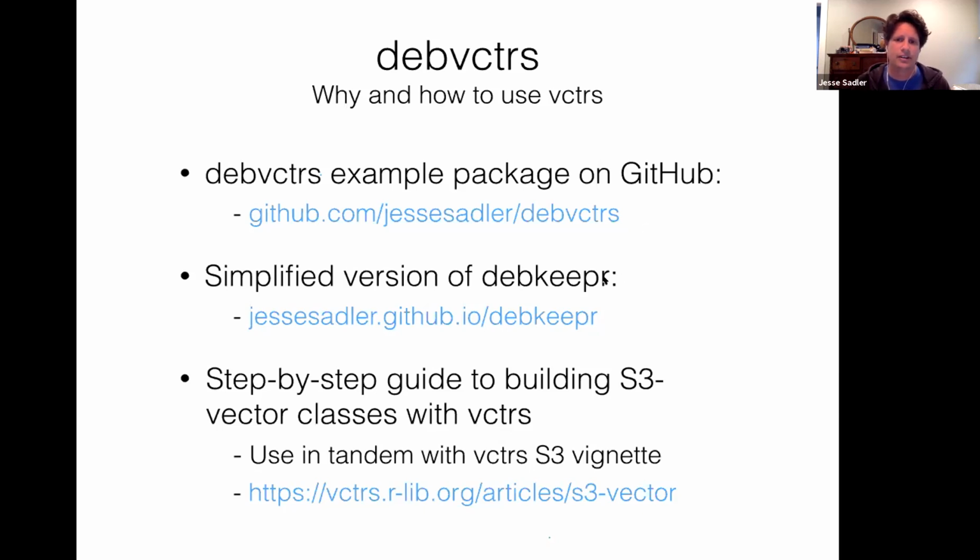The debvctrs package is a simplified version of a package that I've been working on for a while that I never seem to get on CRAN, called debkeepr, which is basically ready to go on CRAN, but I just haven't done it. So you can definitely take a look at the debkeepr package, which has a little bit more functionality and is built for analysis. And then debvctrs gives a step-by-step guide that you can read in tandem with the S3 vignette from the vctrs package if you're interested.